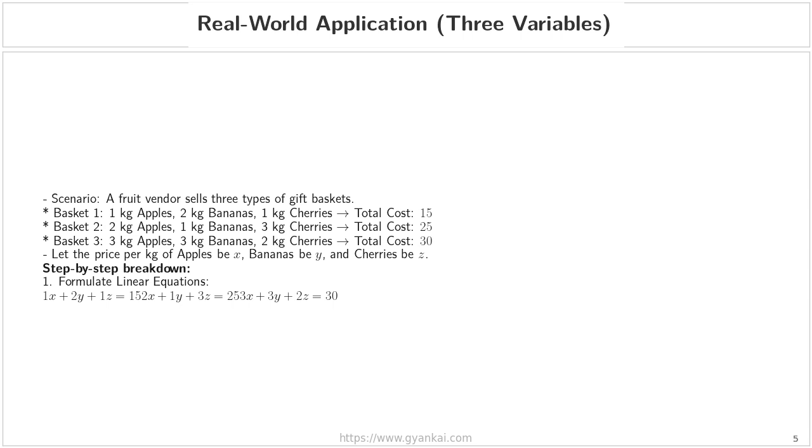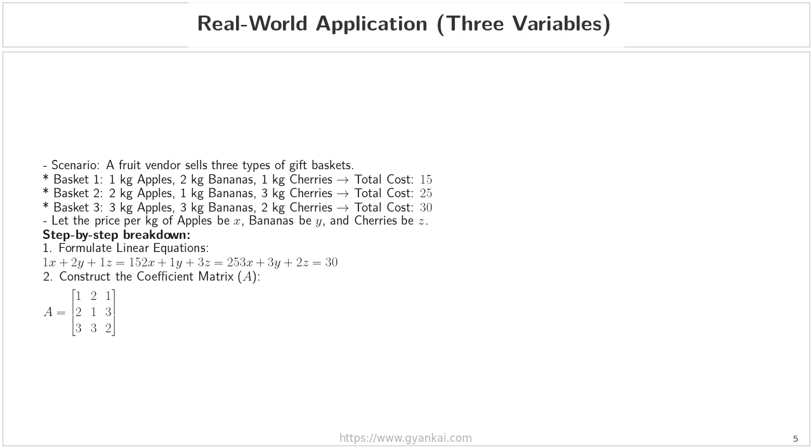Step 1. We formulate our linear equations. Based on the basket contents, our equations are 1x plus 2y plus 1z equals 15, 2x plus 1y plus 3z equals 25, and 3x plus 3y plus 2z equals 30. Step 2. We construct the coefficient matrix, which we call A. We extract the numbers multiplying our variables to create a 3 by 3 matrix.